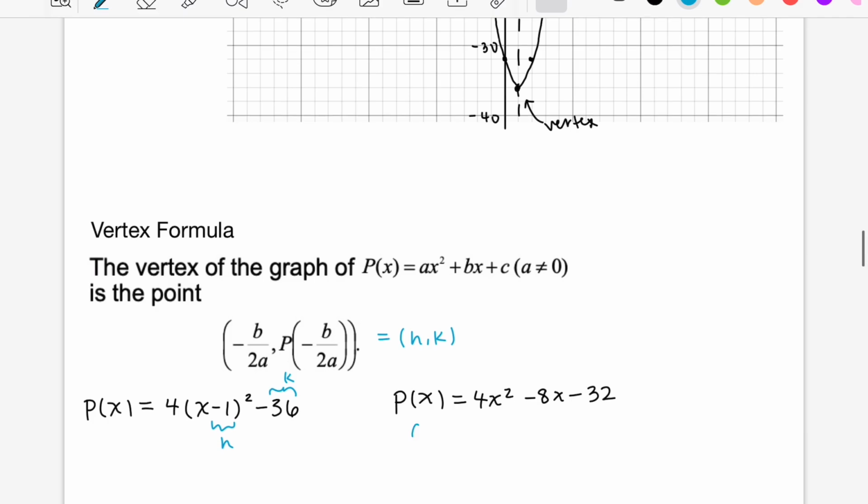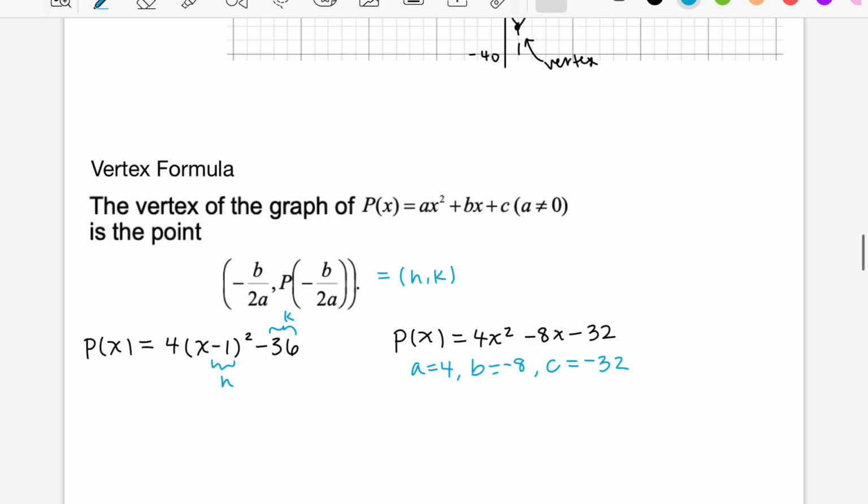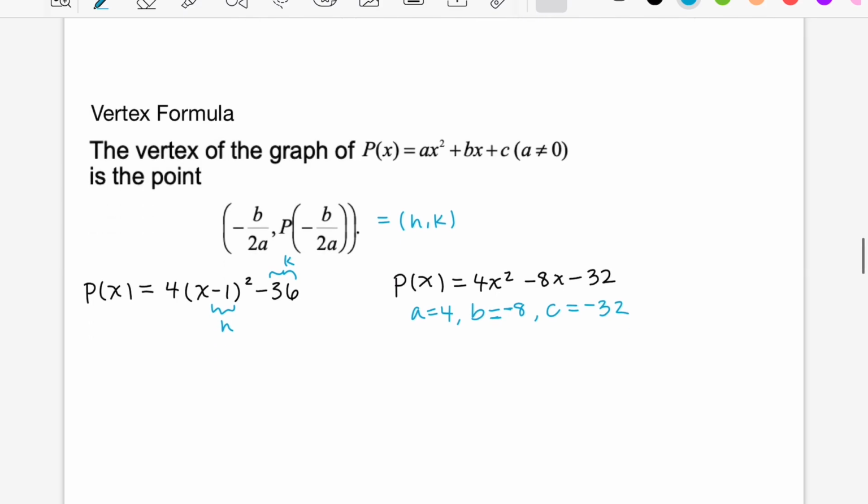So a is 4, b is -8, and c is -32. Okay. So what we can do is use this vertex formula here to find our (h, k) and make sure that it is the same thing we got when we were completing the square. So h is going to be this here, minus b over 2a.